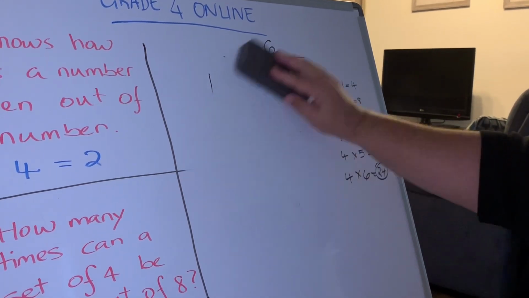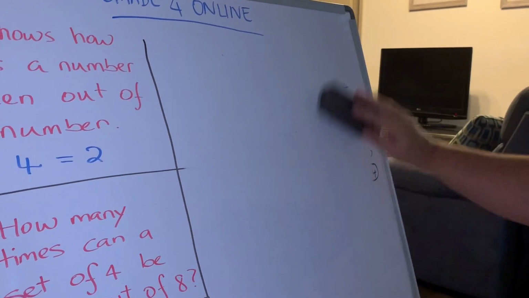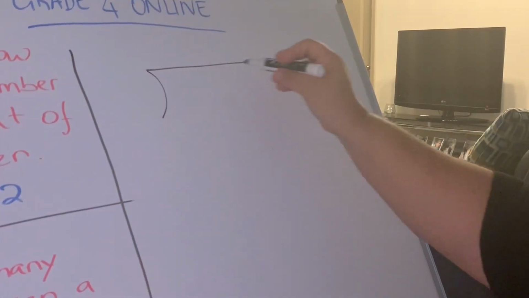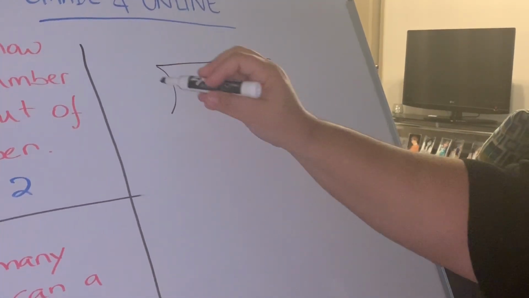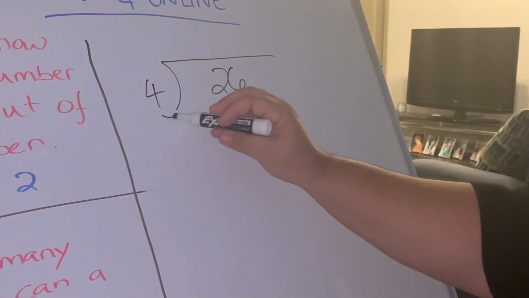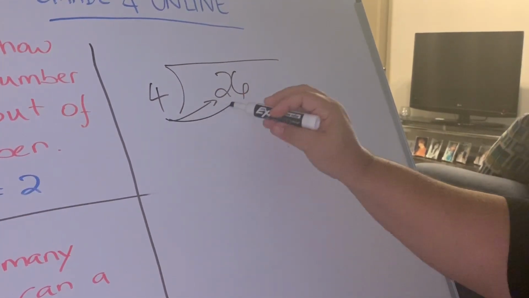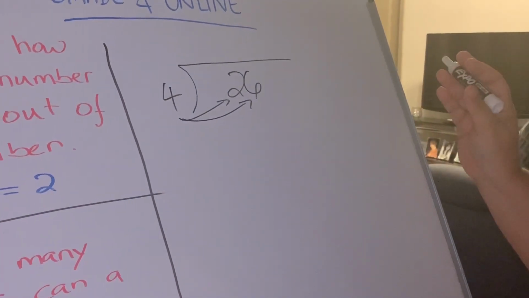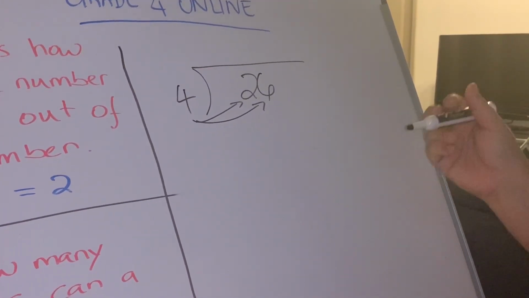Now, we can have another level, if we were going to do a little bit more complicated a sum and say 4 into 26, we follow the same steps. 4 into 2 you can't. 4 into 26, it's a bigger number. We can divide it.